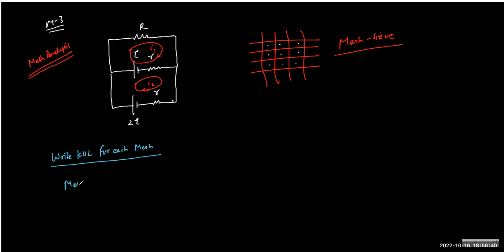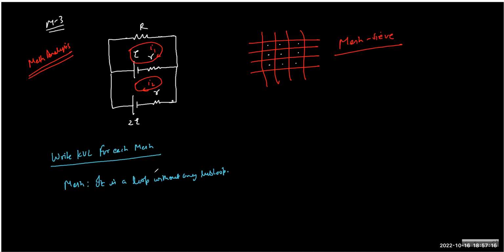The mesh, by definition, is a loop without any sub loop. In case of a mesh, we don't have a sub loop. In case of a loop, we may have some sub loops. So here, the two holes are like independent holes, and inside each hole you will not find any other loop. That's called a mesh. So mesh means independent loop.